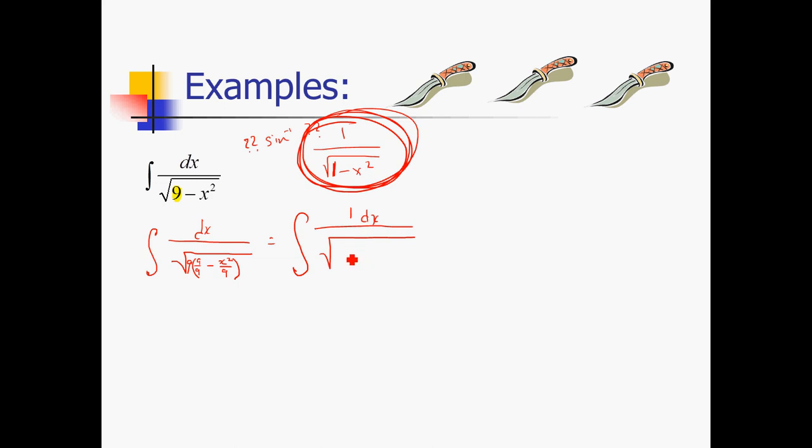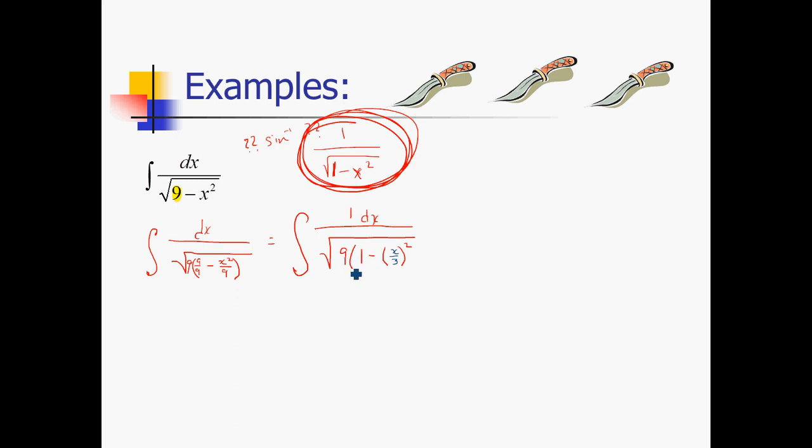But now I have 9 times 1 minus, and now remember, I was trying to get to x squared, not x squared over 9. But check out this magic. What is x squared over 9 look like if you pull the square to the outside?